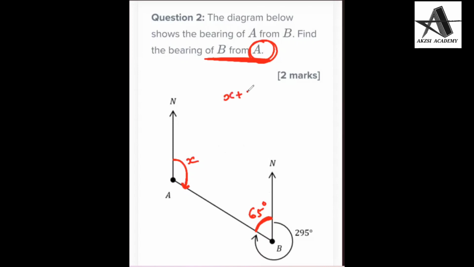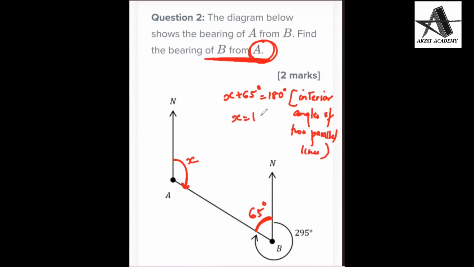So x plus 65 degrees always equals 180 degrees. From here x is going to be 180 degrees minus 65, which will give you 115 degrees. So this is 115. Is it clear to everyone?